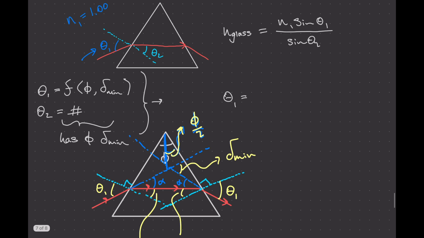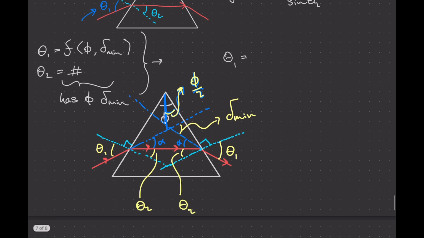Alrighty. So let's find theta 1. Theta 1 is over here. It is the angle that goes into the first part of Snell's law. I'm going to look at just the triangle overall, and what I see first is this straight line here and this straight line right here, and they intersect at this point.